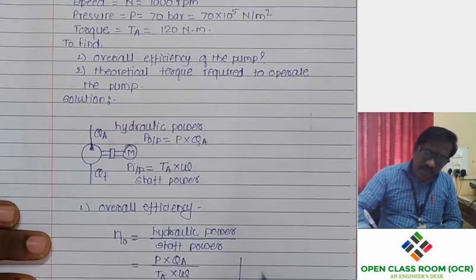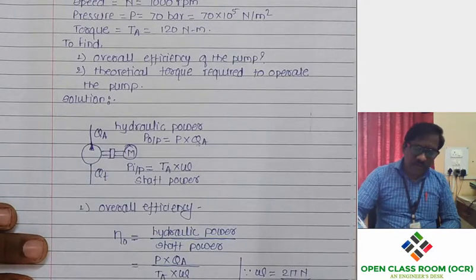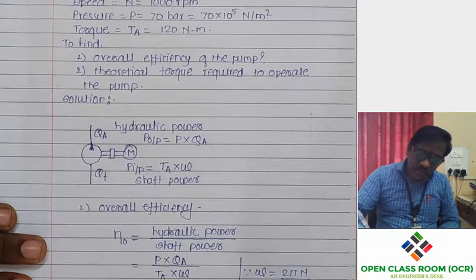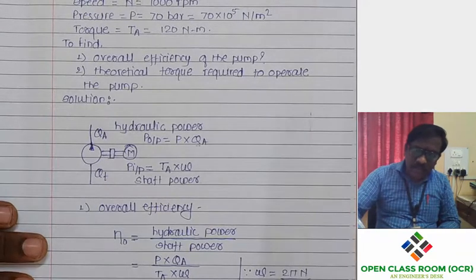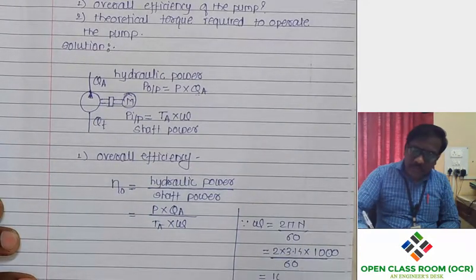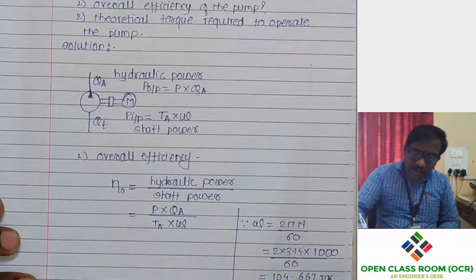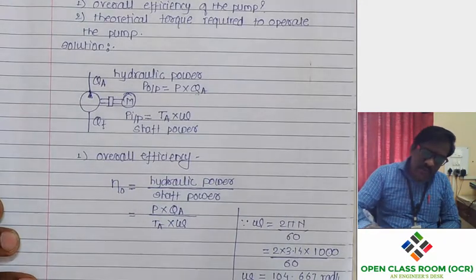The angular velocity can be determined by 2πn/60. The speed of the pump at which it delivers the flow is 1000 rpm. So 2 × 3.14 × 1000 divided by 60 equals 104.667 radian per second. This is the angular velocity.